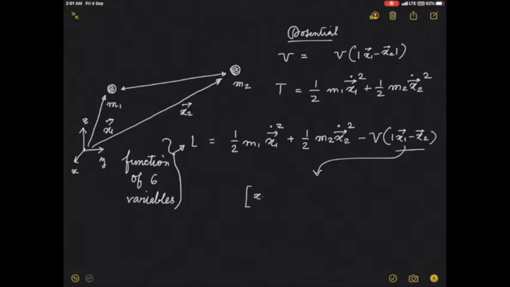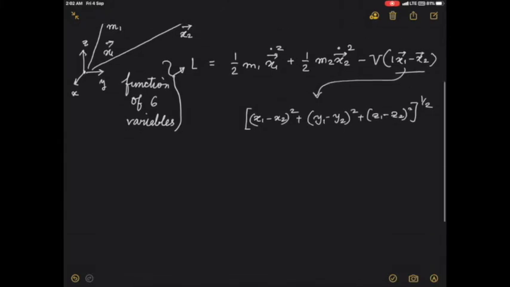The mod is essentially x1 minus x2 square plus y1 minus y2 square plus z1 minus z2 square, and you see immediately that all 6 coordinates are present in the Lagrangian. There is no cyclic coordinate, right? But I can write this Lagrangian in a slightly different form, so let me try to do that.